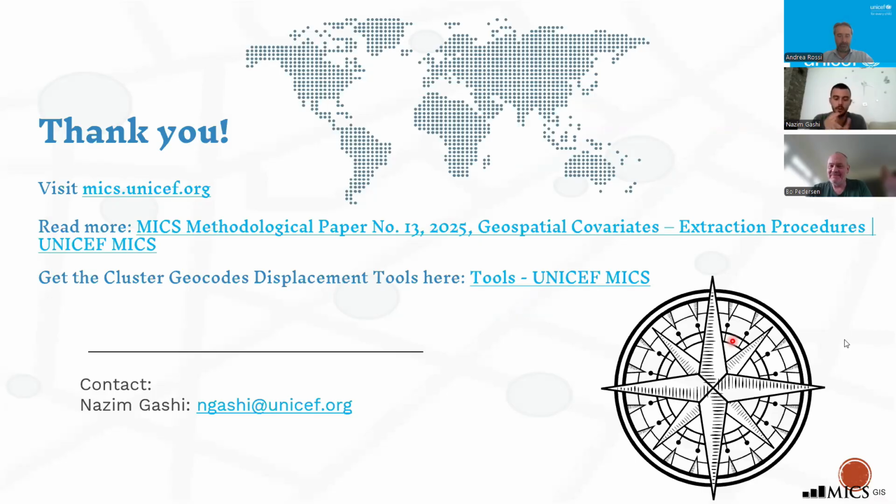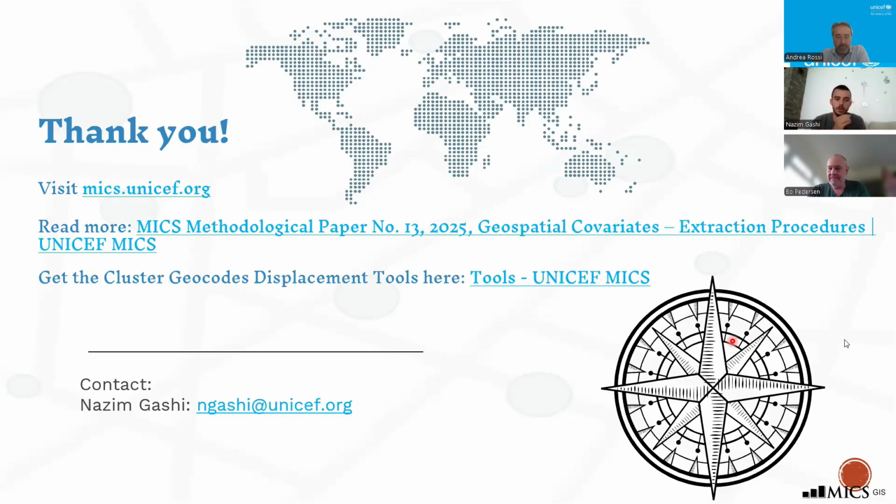First, for the distance and for everything on what I have presented on the geospatial covariates calculations, we are doing the calculation using the buffer zones built around the displaced cluster locations. So nothing from the data that we are releasing here is from the original cluster locations, but is done using the buffers around the displaced point.